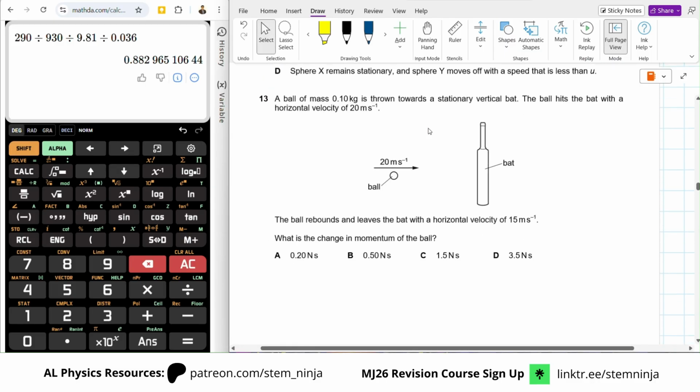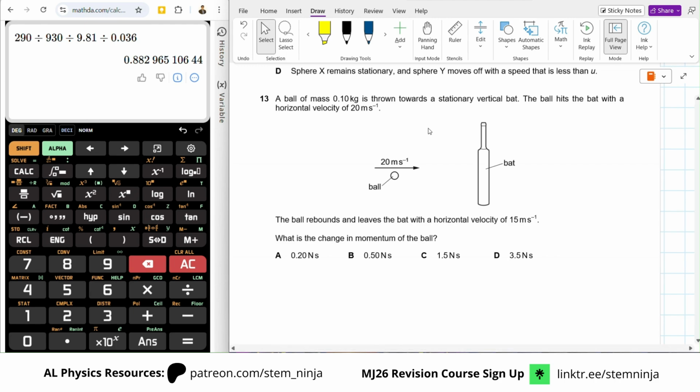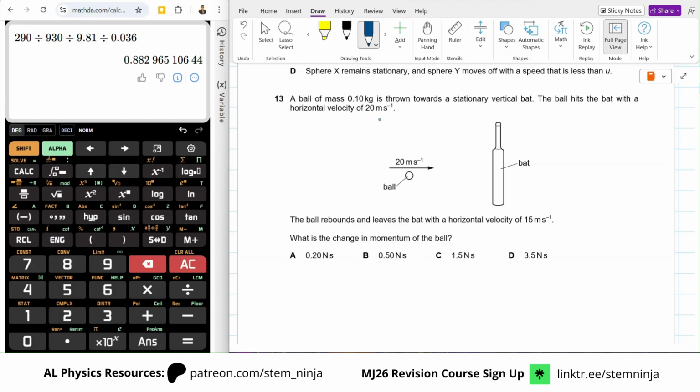A ball of mass 0.10 kg is thrown towards a stationary vertical bat. The ball hits the bat with a horizontal velocity of 20 meters per second. The ball rebounds and leaves the bat with a horizontal velocity of 15 meters per second. So basically that means the final velocity is 15 meters per second in this direction. What is the change in momentum of the ball?